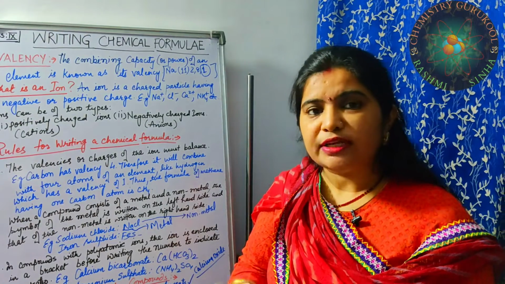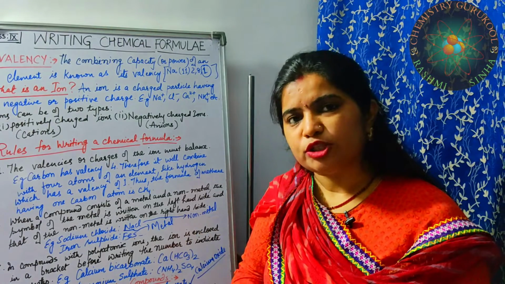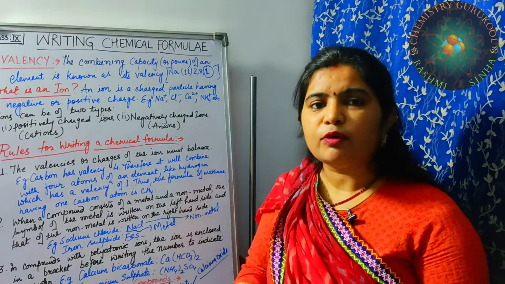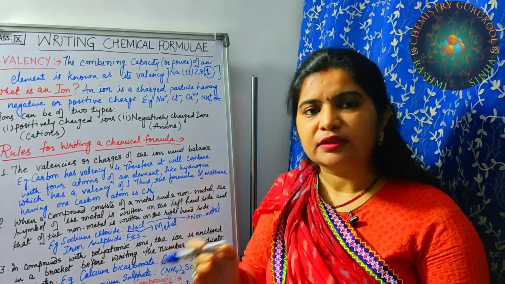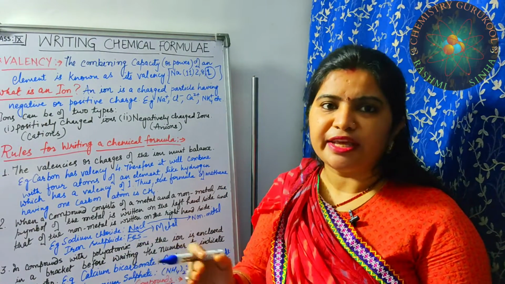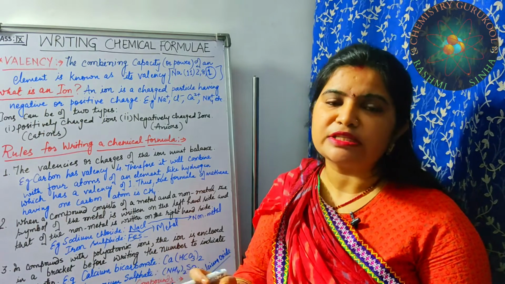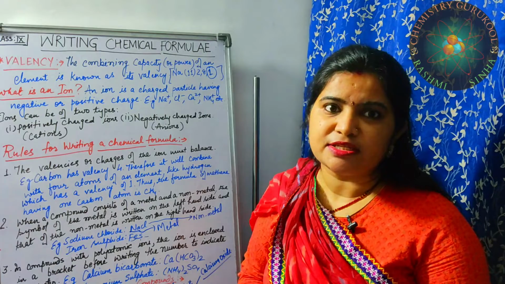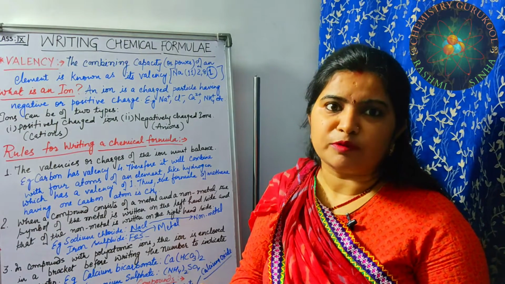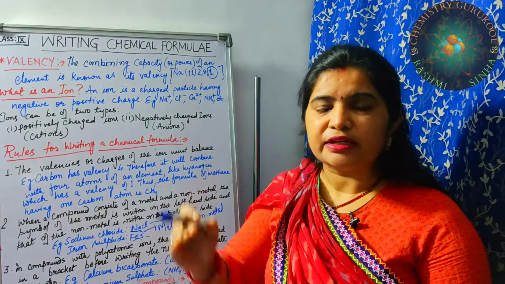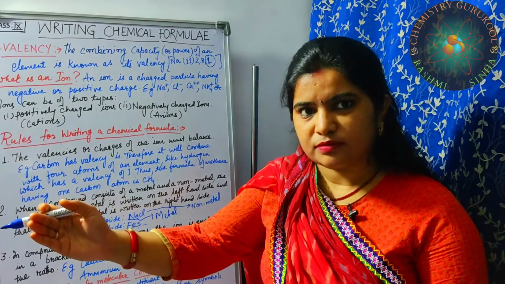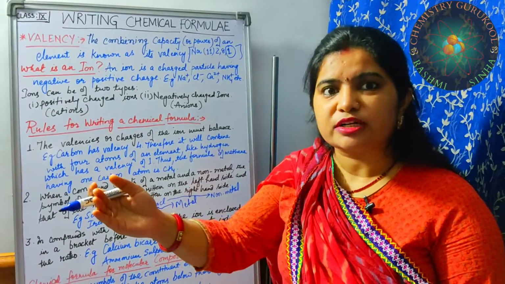So metals always show plus valency, a positive charge. However, non-metals will always show negative valencies, or a minus charge, meaning they have a gaining tendency. They will never lose electrons, because in the outermost shell they generally have more than 4 electrons.